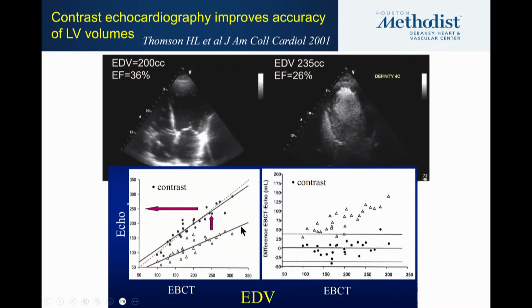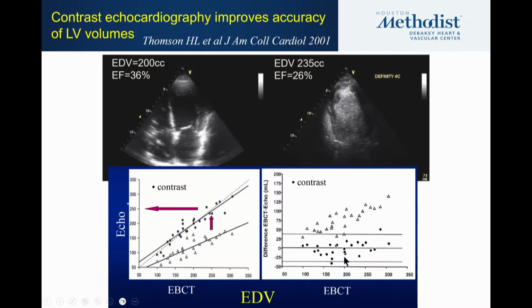They showed that without contrast, there was a correlation, but look at the underestimation. An end diastolic volume of 200 was about 120 by 2D. But when contrast was given, not only was the correlation better, but now all the dots are closer to the line of identity. The dotted line is the line of identity.